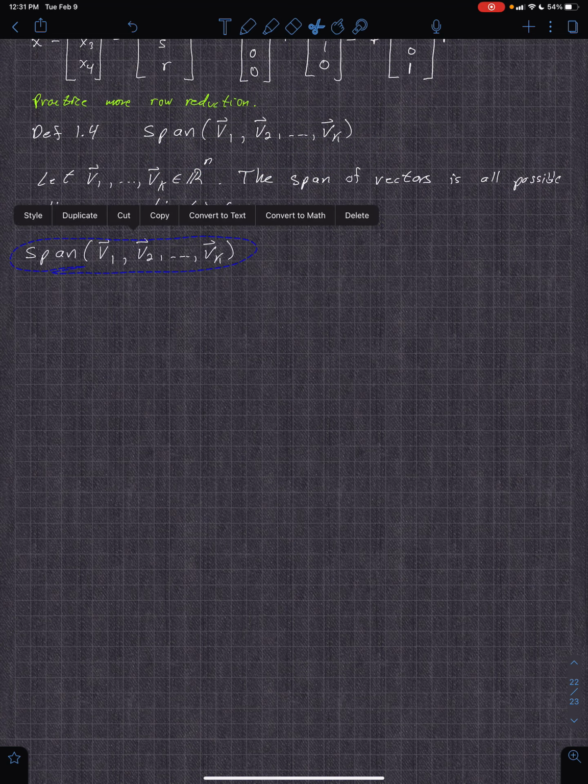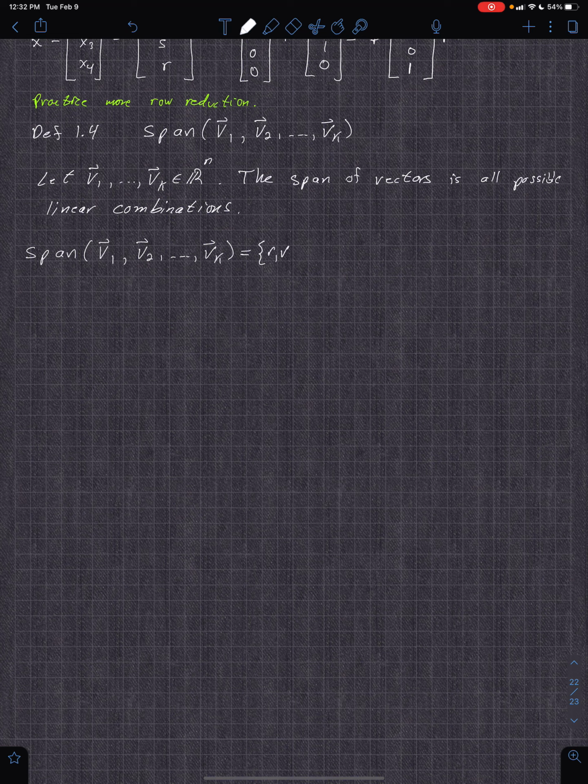We say the span of those vectors is equal to this set: r1 v1 plus r2 v2 plus etc. all the way to r sub k v sub k.